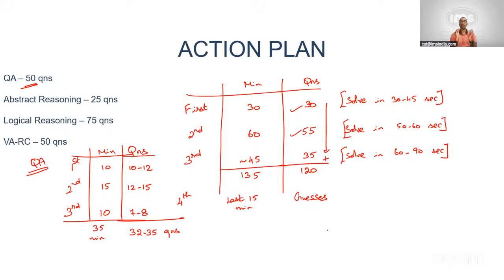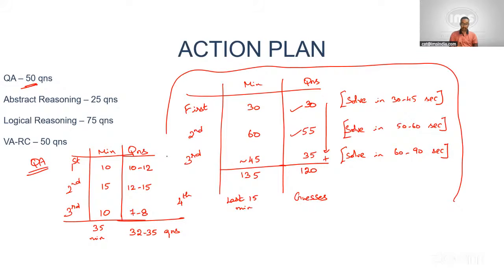If I can solve 32 to 35 questions, I would consider it a huge success in quants. And this has to be extended to all four sections together. Please do not forget, let me repeat, this is your full action plan. Since I cannot take an entire mock in one live stream for you, I am doing a truncated version of that in the quantitative ability section alone.